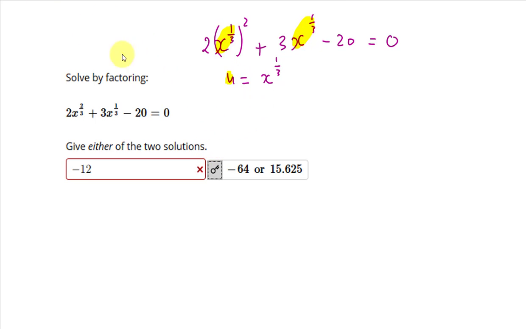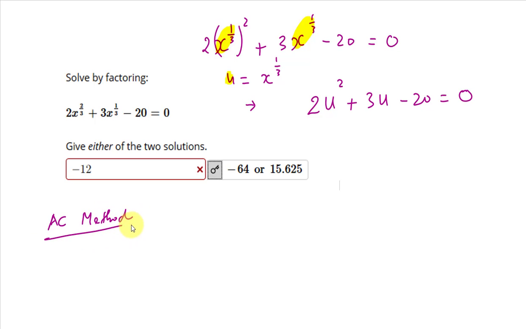Now you can rewrite the equation. I have 2u squared plus 3, and then x to the 1/3, which is u, minus 20 equals 0. This is a trinomial, so you can use something called the AC method to do the factoring.